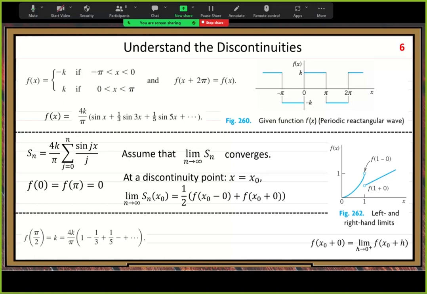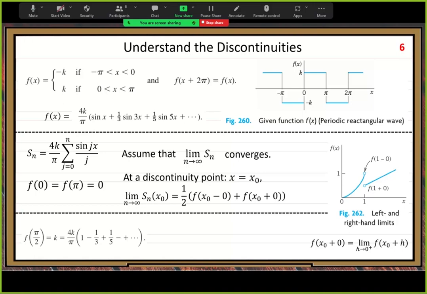It's the same. At a continuous point, if you plug in the number into the Fourier series, it equals the value you get by plugging into the original function.